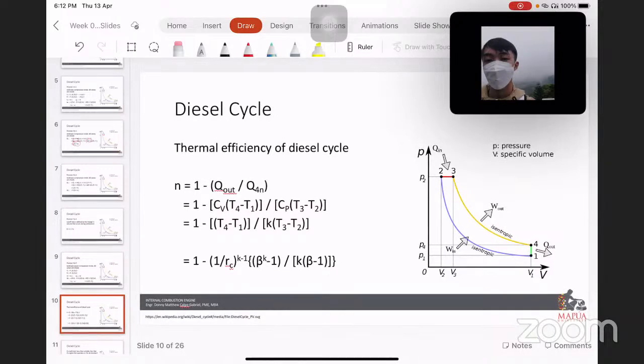Next. Thermal efficiency. Thermal efficiency natin is the ratio between the heat in and heat out. Ang heat in natin is nasa process 2 to 3 and dito yung combustion process natin. At yung process 4 to 1 naman, ito yung heat out, kasi ito yung exhaust point.